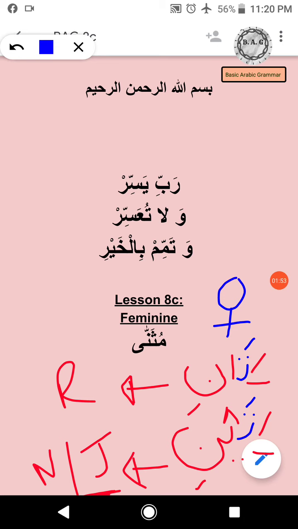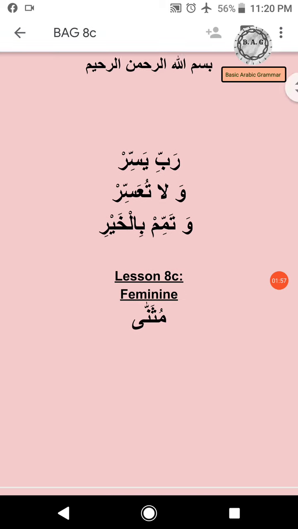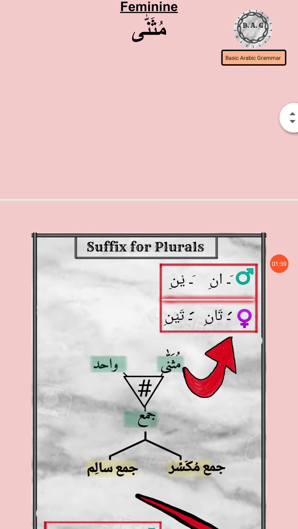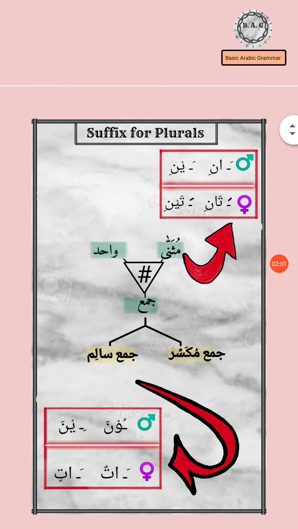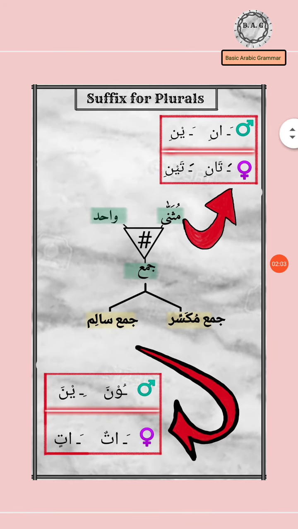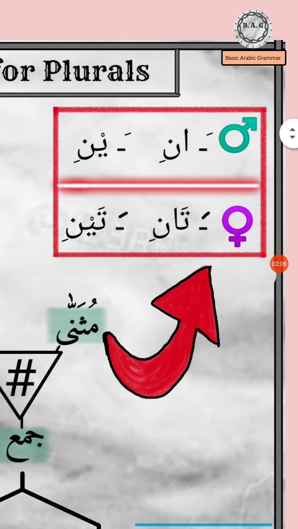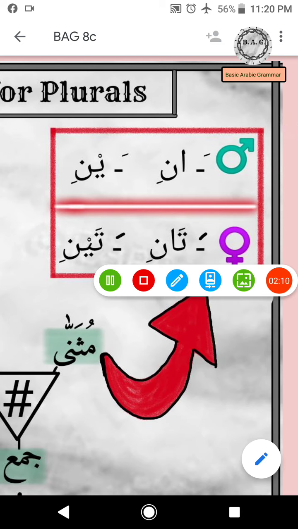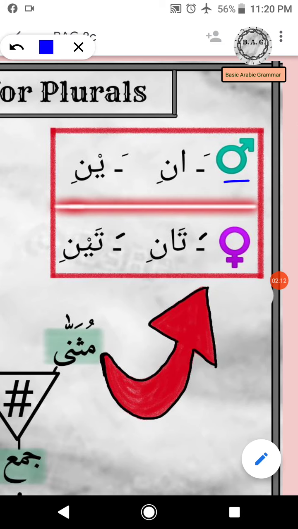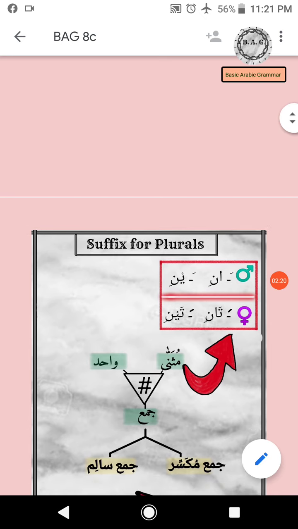That is all, and this is what's going to be elaborated in this lesson in different ways. We're going to study a lot of examples. Before we proceed, let's have a look at our overview, which says ani, aini for masculine, and tani, taini for feminine. All right, let's begin.